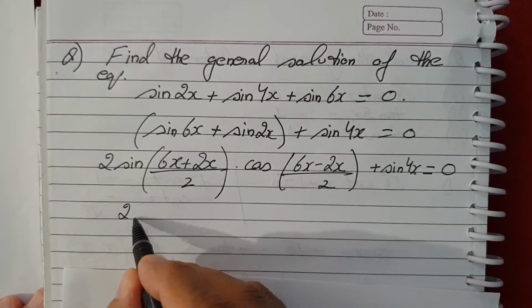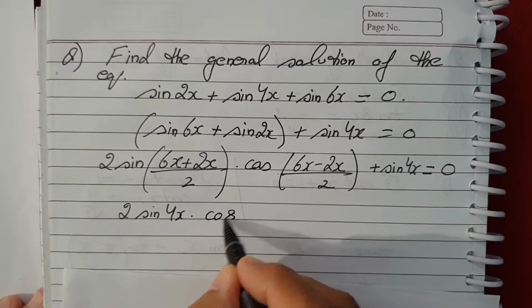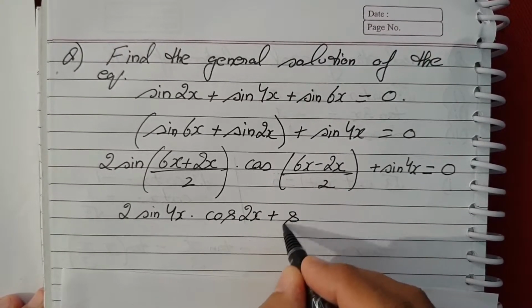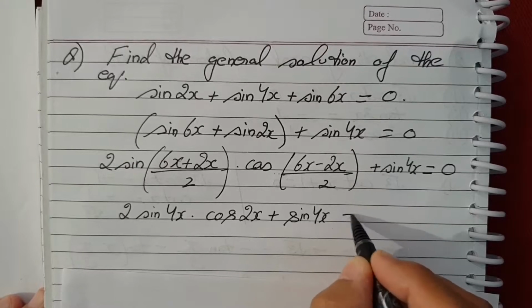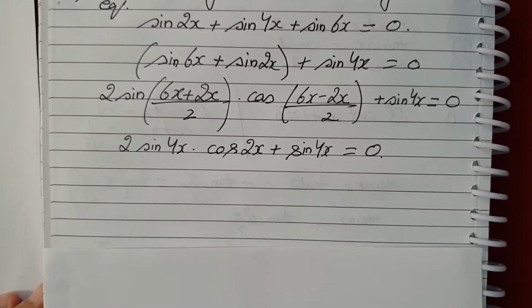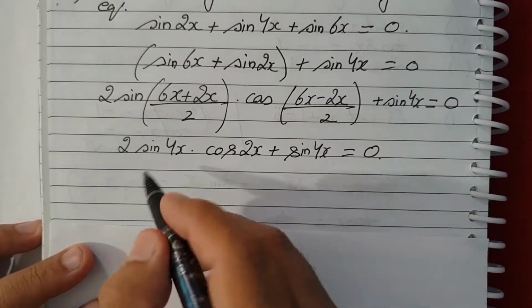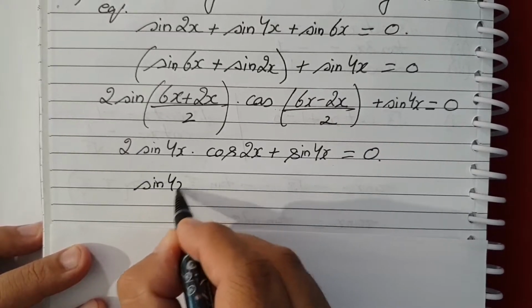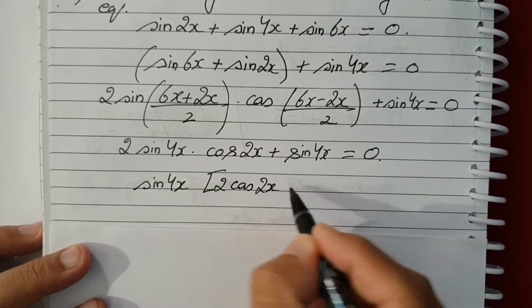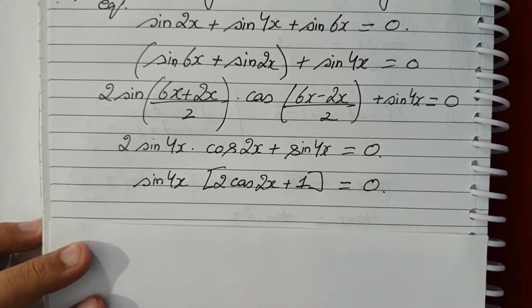So this will be 2 sin 4x into cos 2x plus sin 4x equals 0. Now we can take sin 4x common from here. So this will be sin 4x times (2 cos 2x plus 1) equals 0.